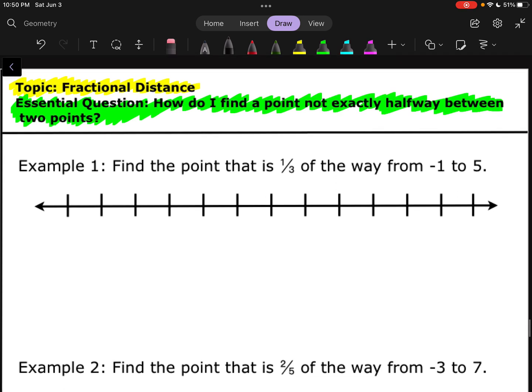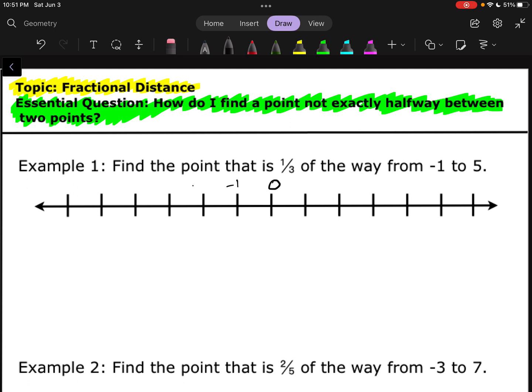We're going to start off in just one dimension on a number line to build our base up before we get to the crazier one. So example 1 just says find the point that's 1/3 of the way from -1 to 5. So let's just stick 0 here.